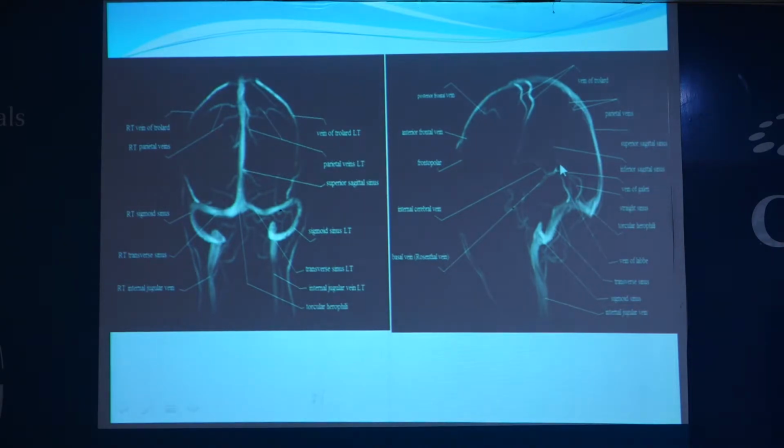All these drain into the straight sinus. The straight sinus, superior sagittal veins will open into what is called torcular herophili, from which on either sides transverse sinuses pass, and they in turn open into the sigmoid sinuses, that in turn open into the internal jugular veins. So this is a normal venogram which we see.